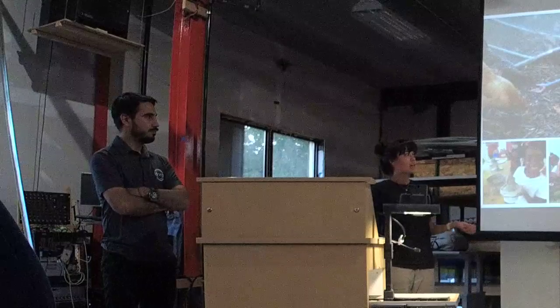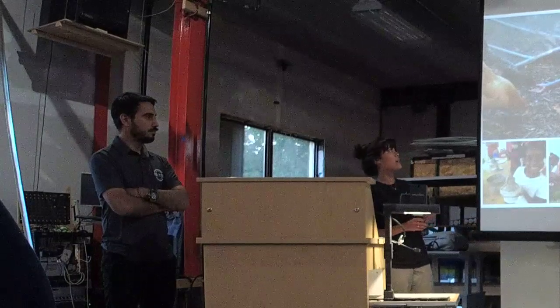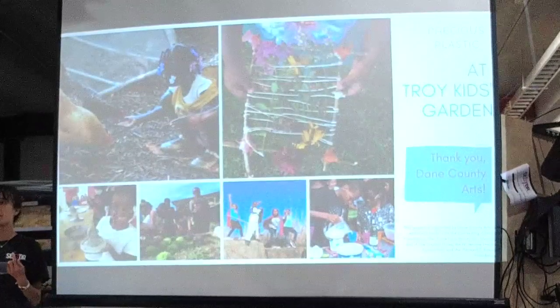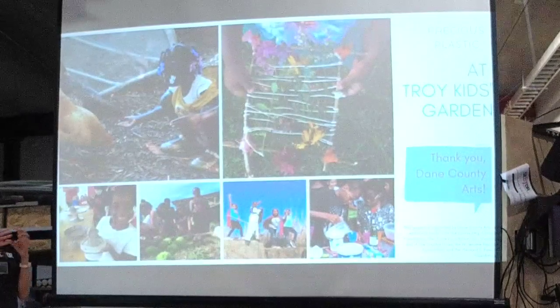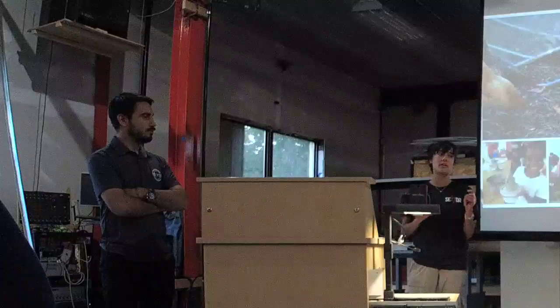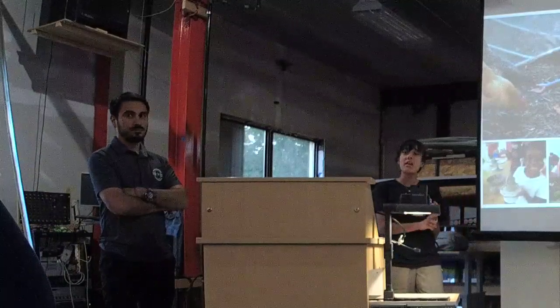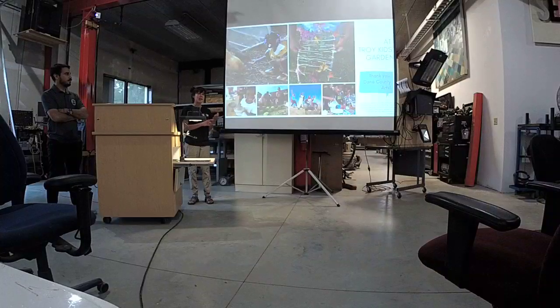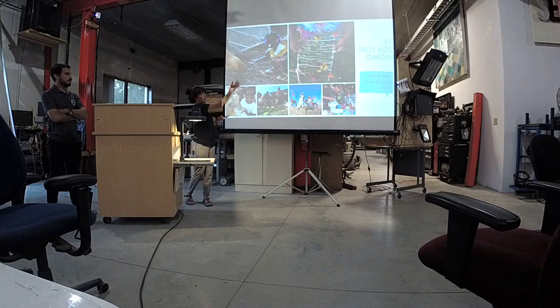It fits into the garden really well because at the Kids Garden where I work, our education model is really student-centered, so we offer a bunch of different stations where kids can be in the kitchen harvesting from the garden and cooking a recipe. This week we're making pickles. They can be making nature-based art.